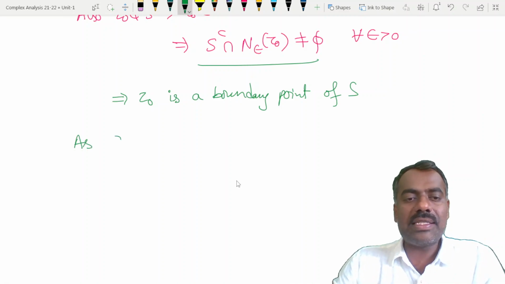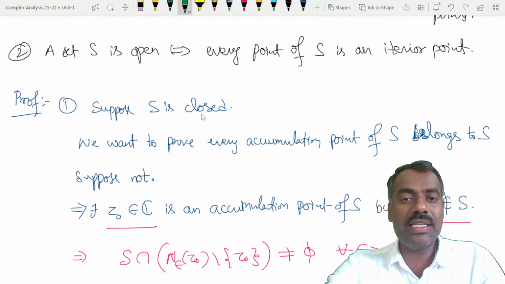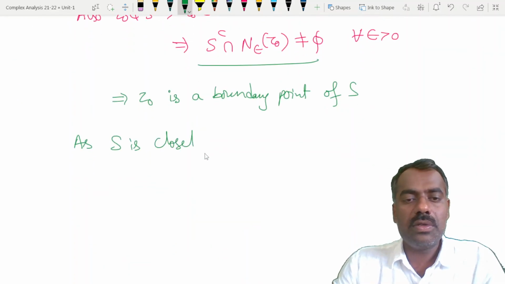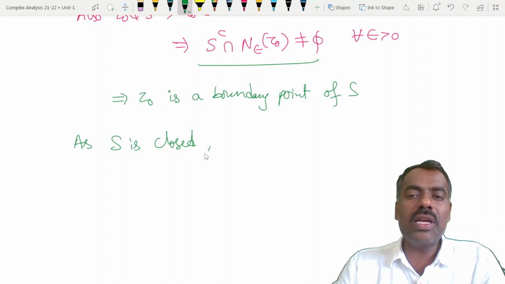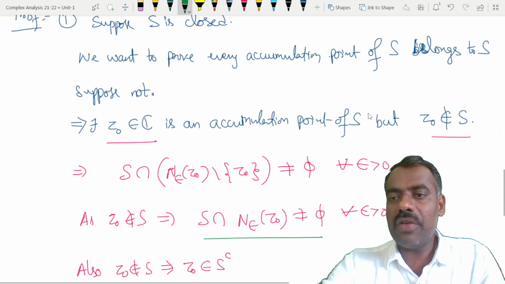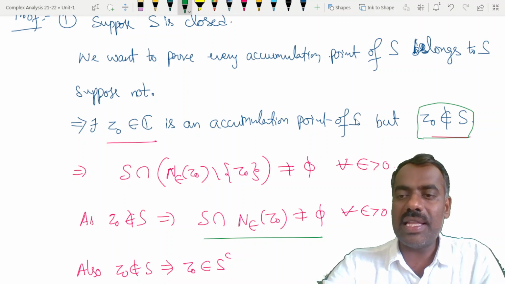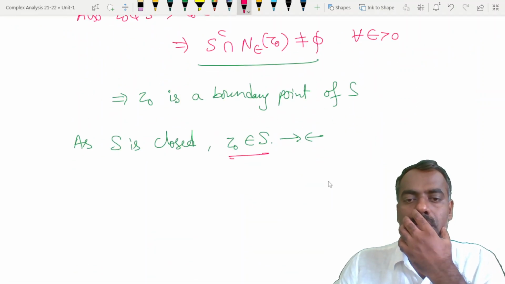Now as S is closed, which we have not used so far, by definition of closed set, it should contain all its boundary points. So we should get that Z naught belongs to S, which is a contradiction. Why? We have assumed that Z naught is not in S, and we are getting that Z naught is in S. Yes or no?